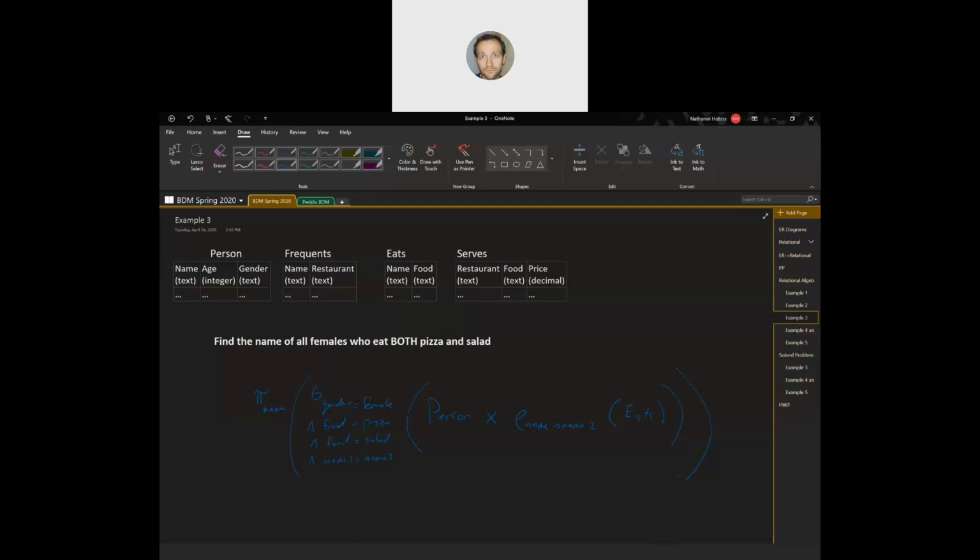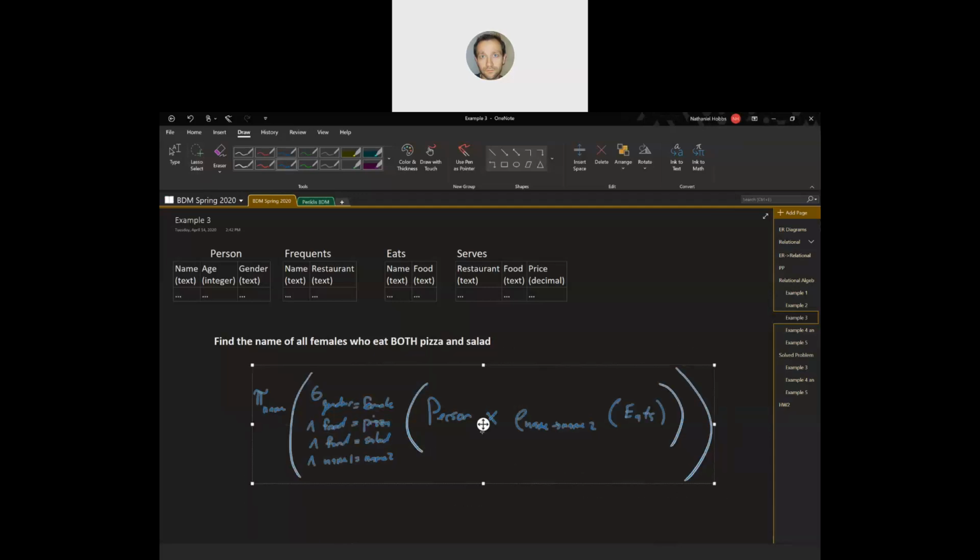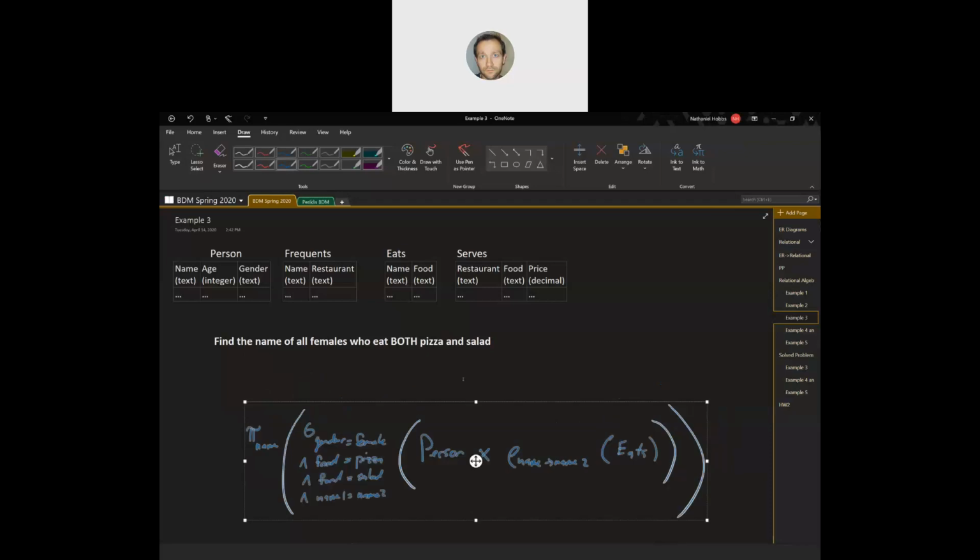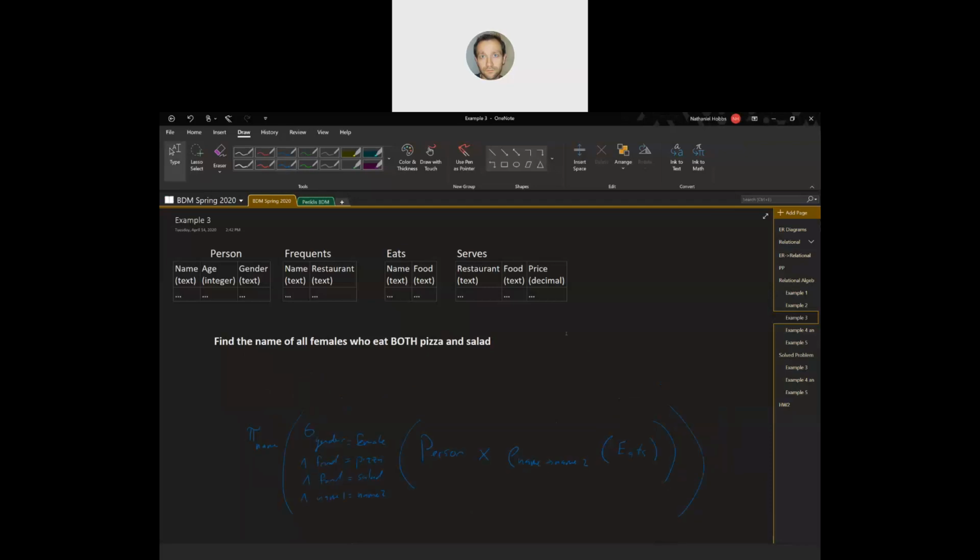So, this is a good natural thing to try. But there's a big problem with it, and I'll try to illustrate that.